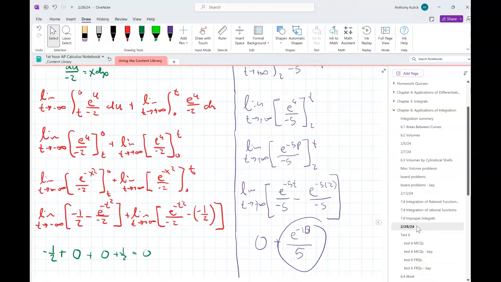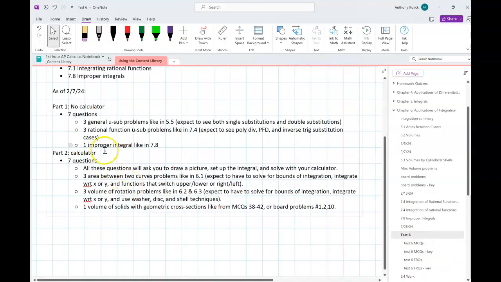Katie. Do you have any regular U subs or alternates? Nope, there could be regular U subs, right? Again, 3 general U sub problems like from 5.5. Expect to see single and double substitutions. 3 rational function U subs, 1 improper integral.